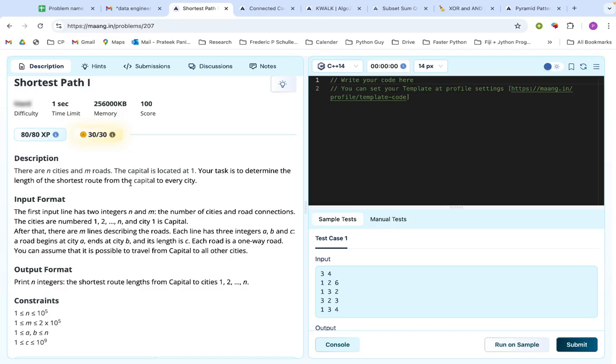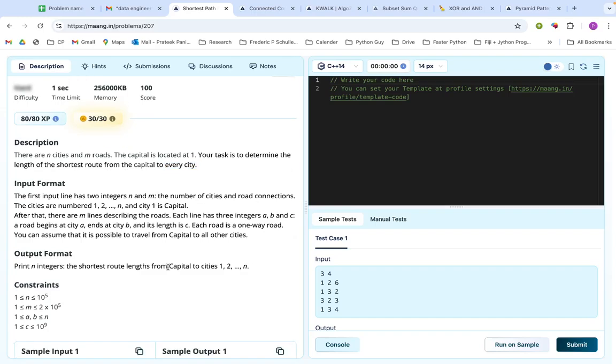Here the single source is the capital, numbered 1, and the other cities are the targets. Right. And each road is a one-way road.